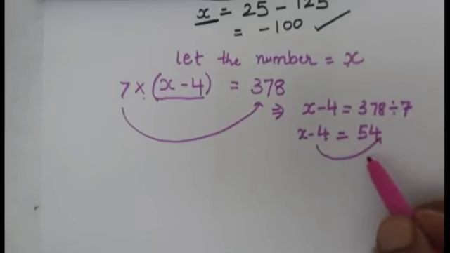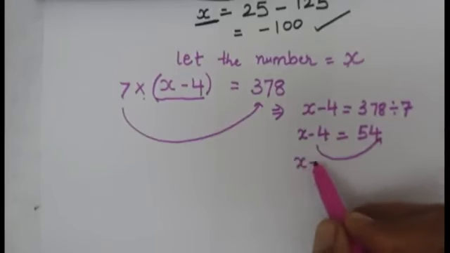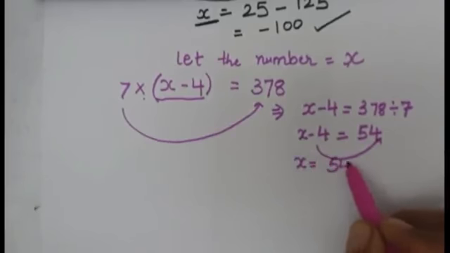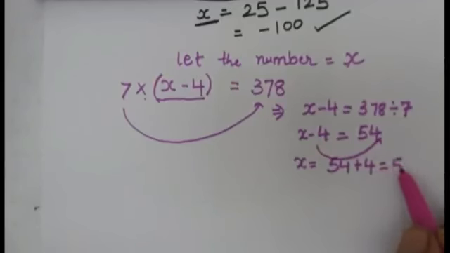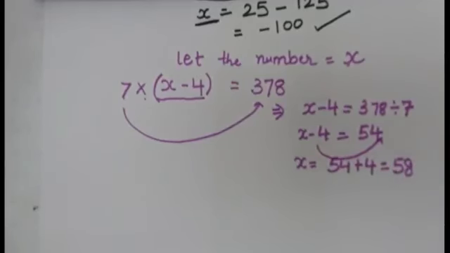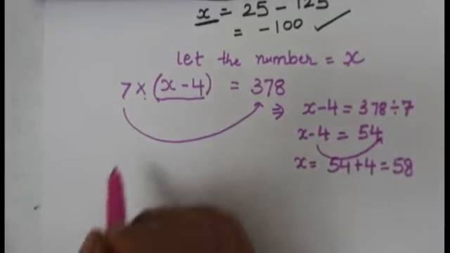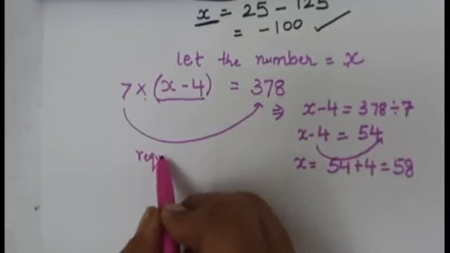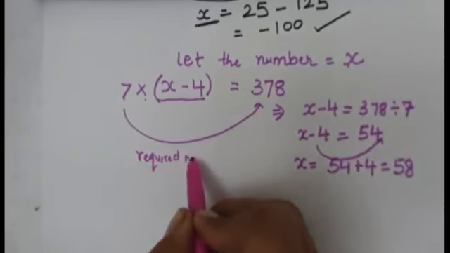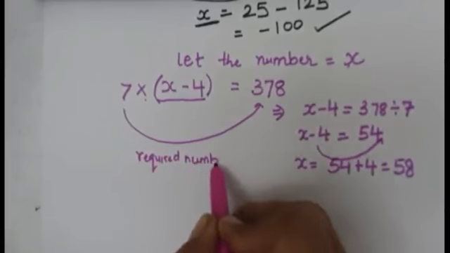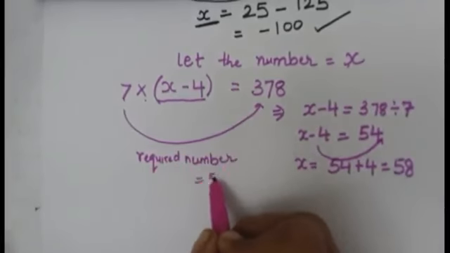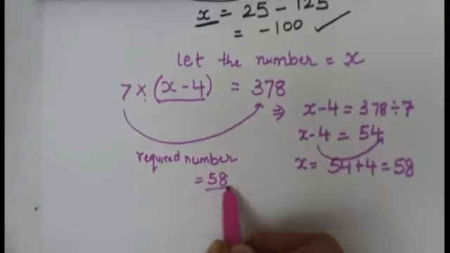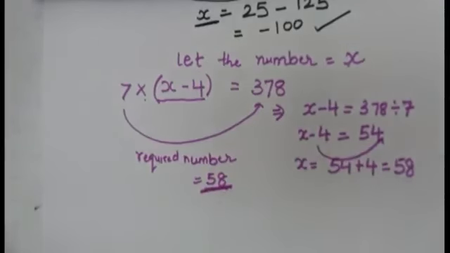It will get added. So what we get? 54 plus 4. We get 58. So it means the required number we get what? We get 58. This is the original number.